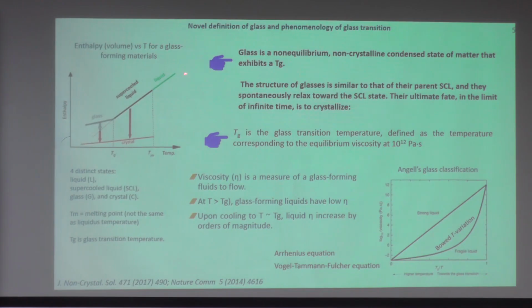If we start from the liquid state, then we go to the supercooled liquid state, and then at Tg our material goes to the glassy state. From the supercooled liquid we can go to the crystalline state if we cool down our system very fast, and this process can also be done from the glassy state.